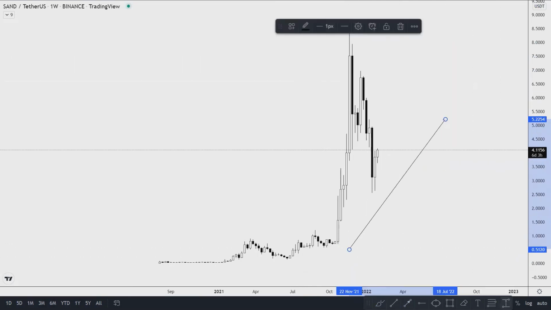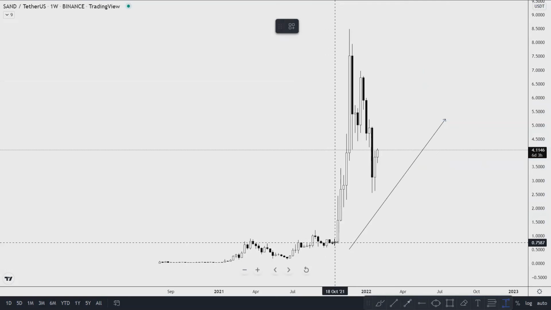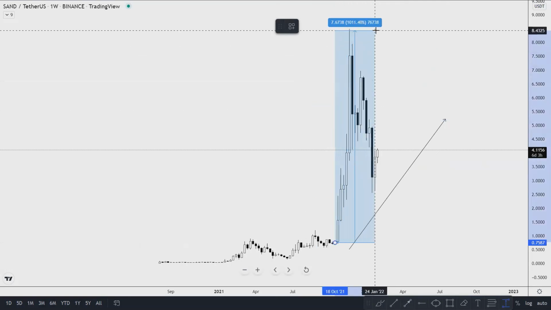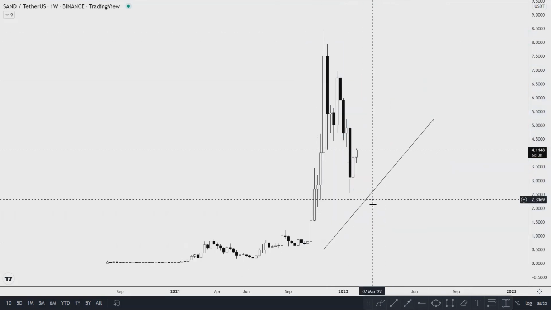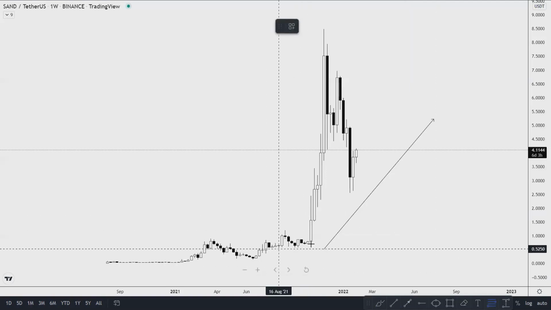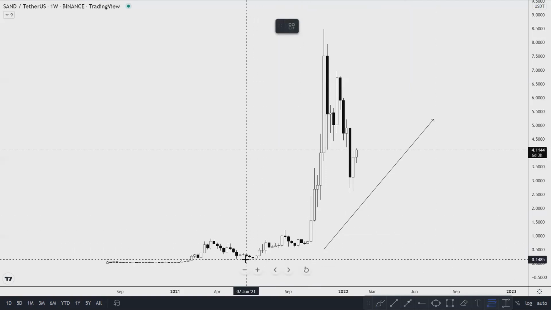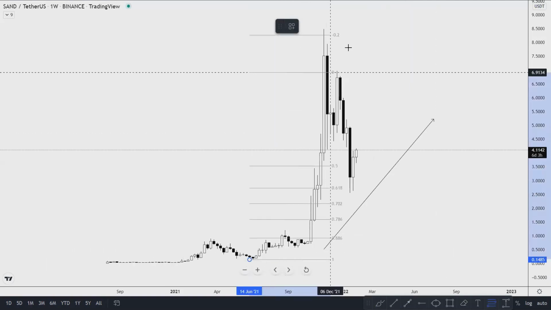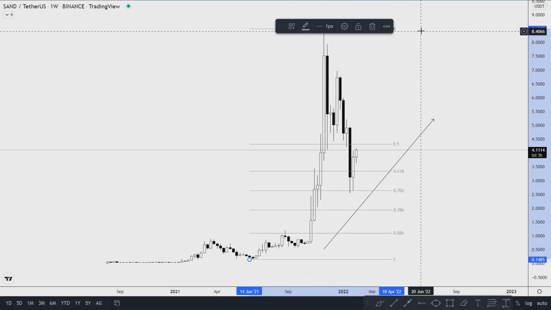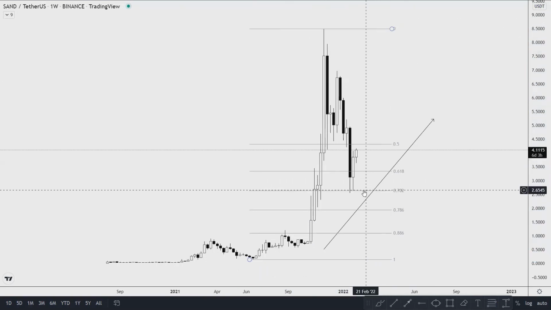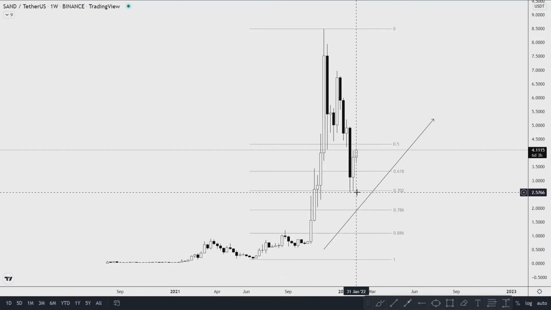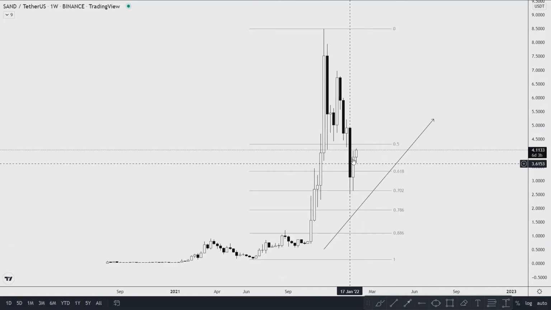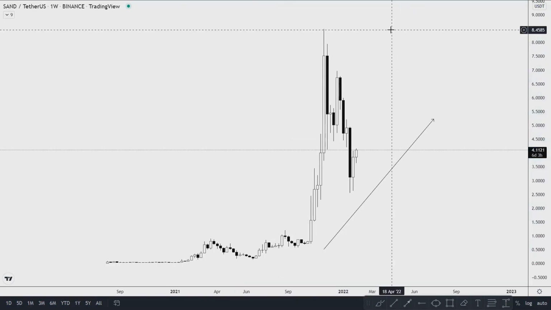This is about a 1000% gain in price, and now price has retraced. Using our fib, I might take it from down here. Price just bounced off the 702 region, and it seems like it's reacting higher.